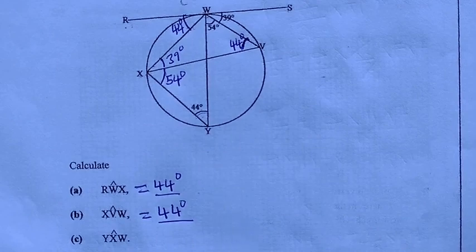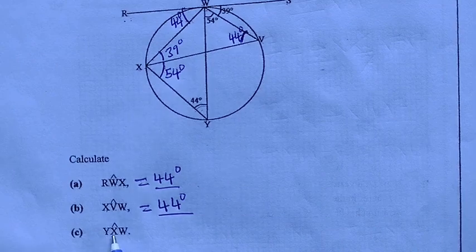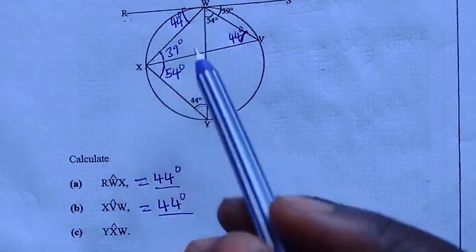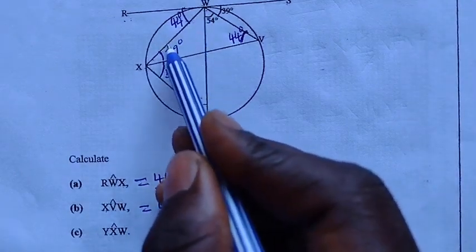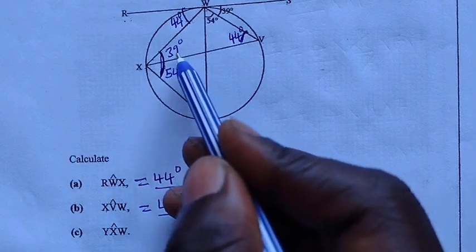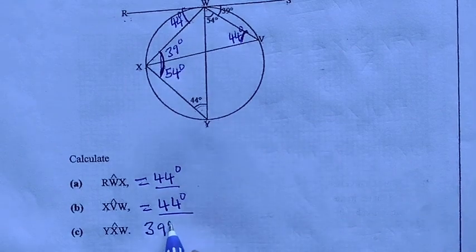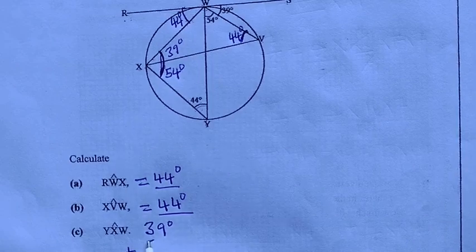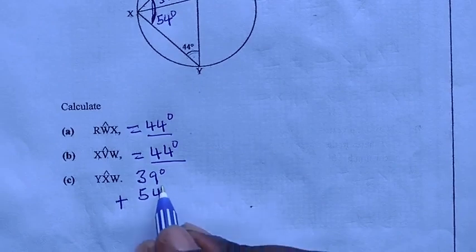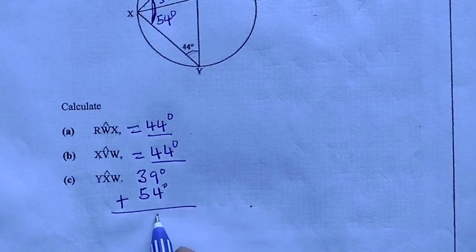Then we come to the last one, calculate YXW, meaning that they want this whole angle right here. So this whole angle, just add this and this. We add 39 degrees plus 54 degrees. 9 plus 4 gives us 13.